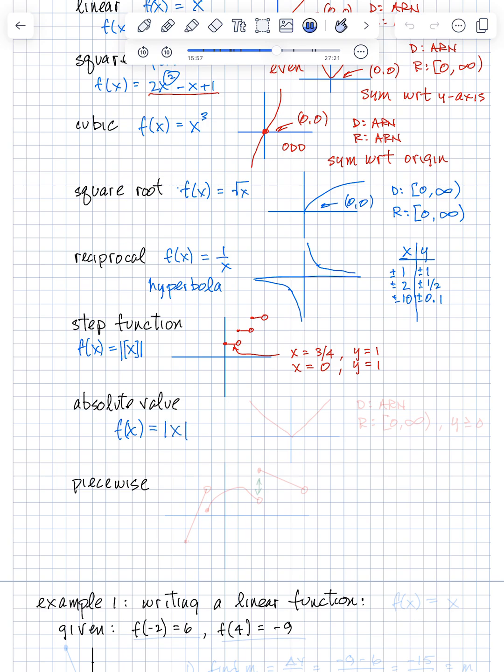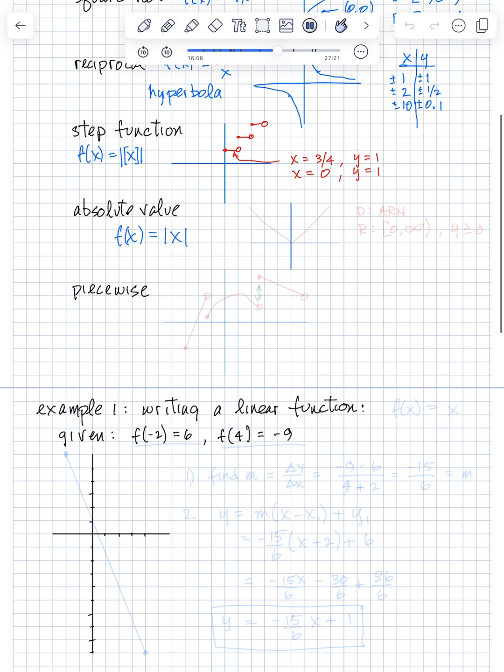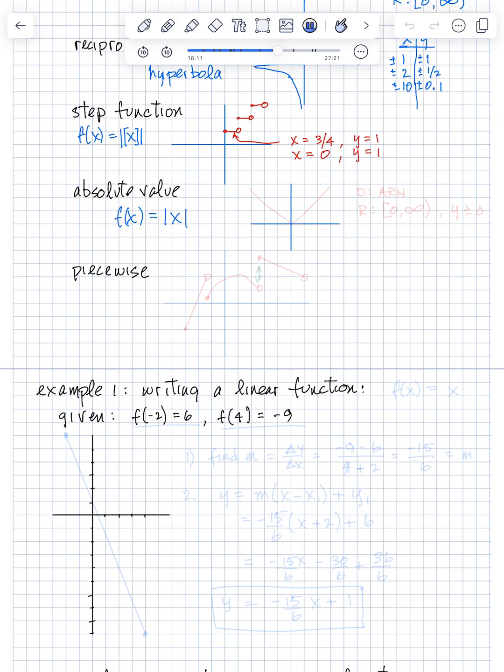So that means if x is positive, you're going to have a positive value. If x is negative, you're going to have a positive value. And so what these graphs look like, well, the parent function is going to look like this and this. So in both cases, the y value is always going to be positive.